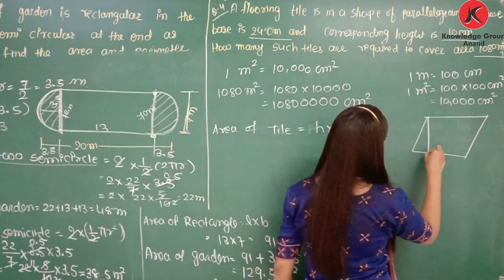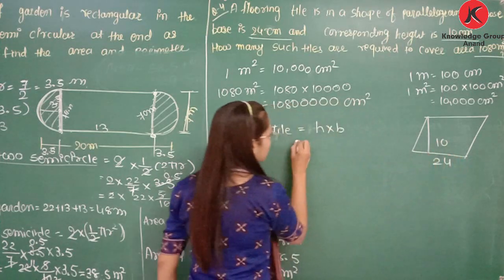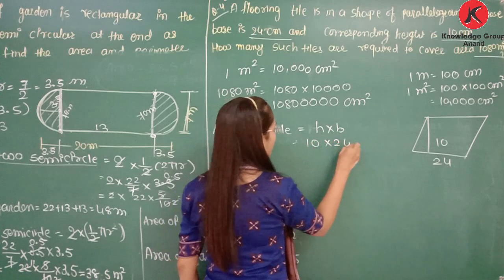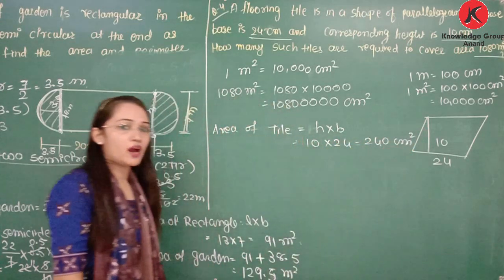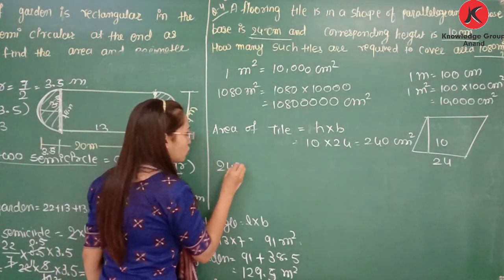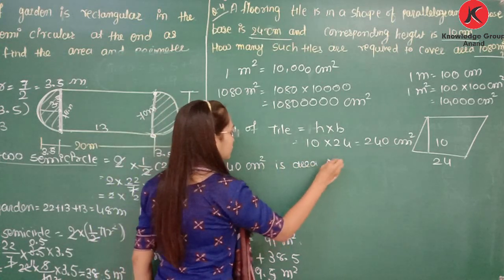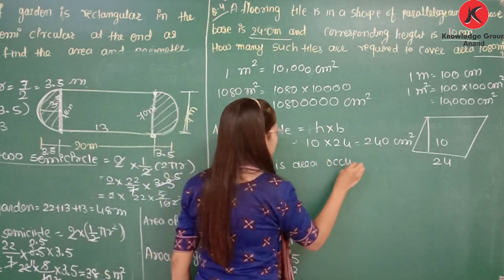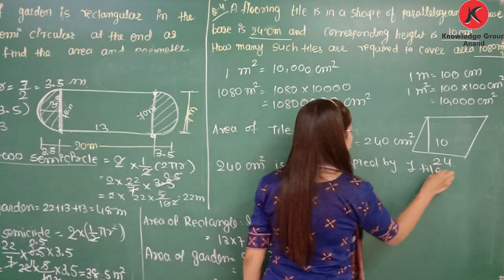So height is given 10 and base is given 24. So 10 multiplied by 24, that is 240 centimeter square. That is the area occupied by one tile. So we can write 240 centimeter square is the area occupied by one tile.